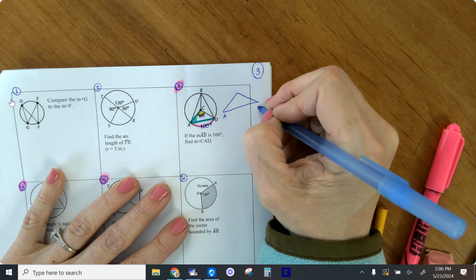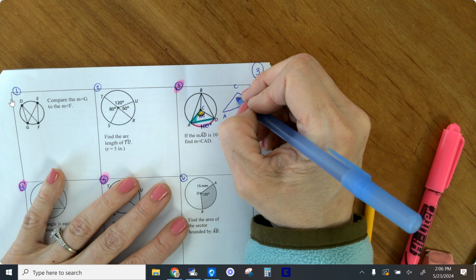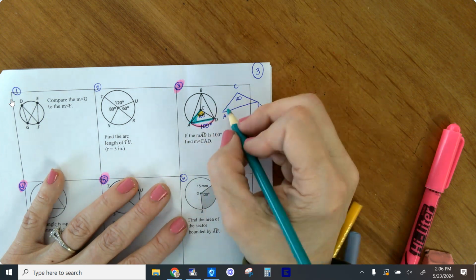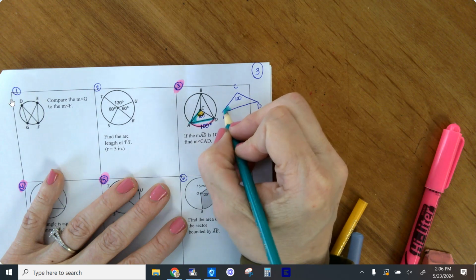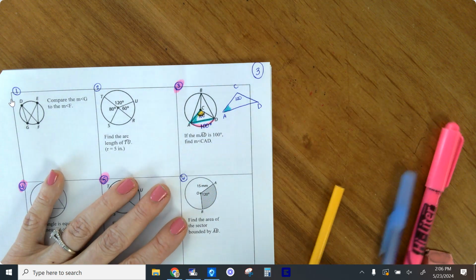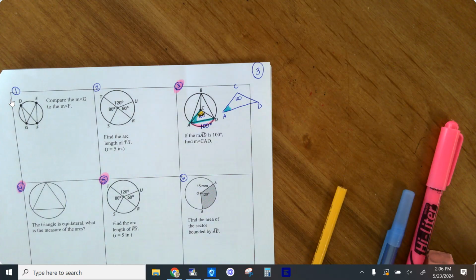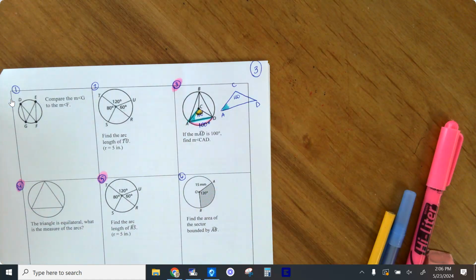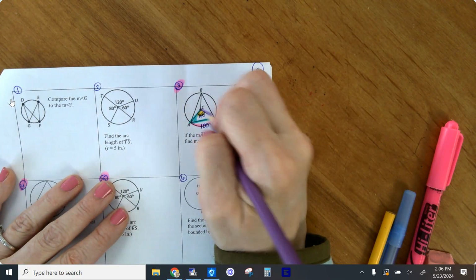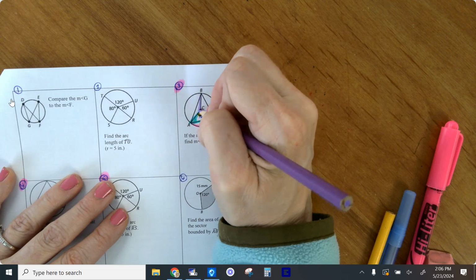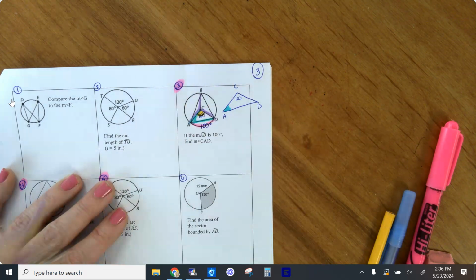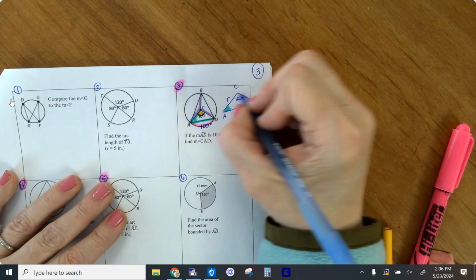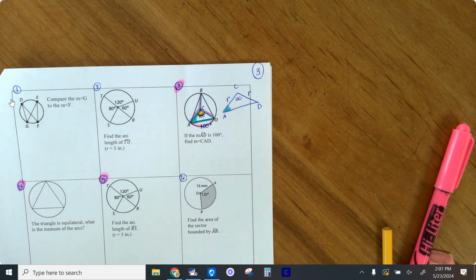This is A, and this is D, and this is C, and we know that C is 100 because it matches the arc, and we're looking for CAD, that angle right there. Now the other thing to keep in mind is that C to D, this is a radius, and that's a radius, and that's a radius. Do you guys agree with that? Well, if this is a radius and this is a radius, what do you know about all radii of the circle?